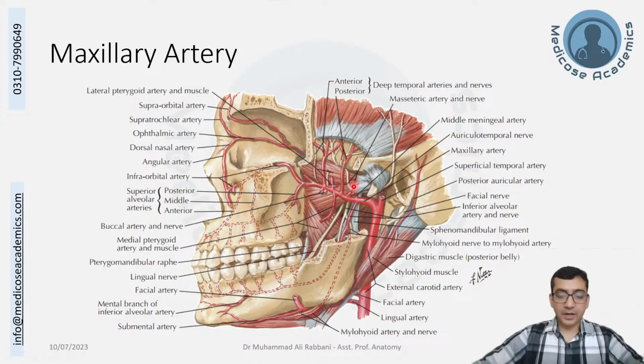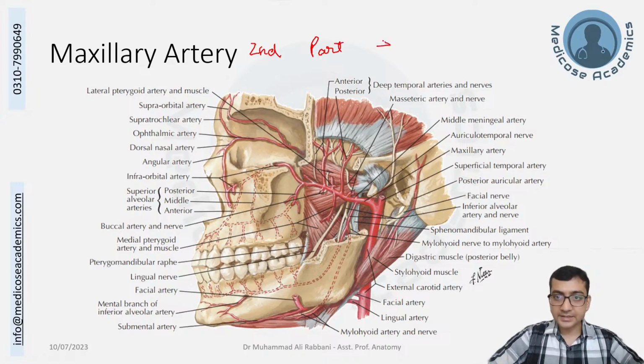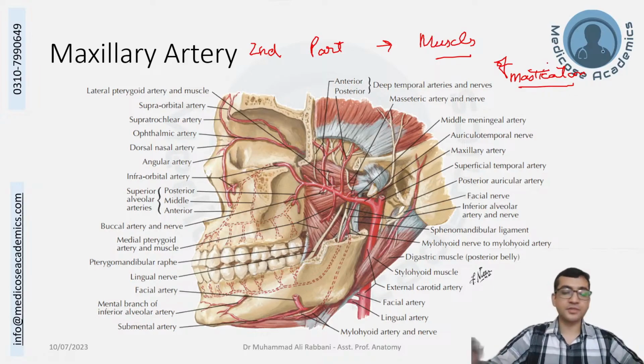When discussing the second part, just think about it supplying the muscles. Which muscles? Think about the muscles of mastication. Just remember these names and you will fill the complete list.